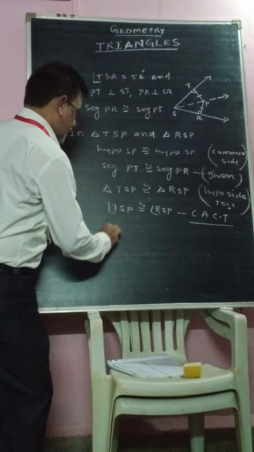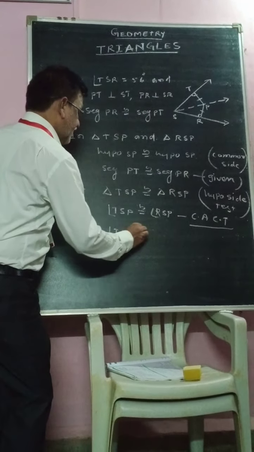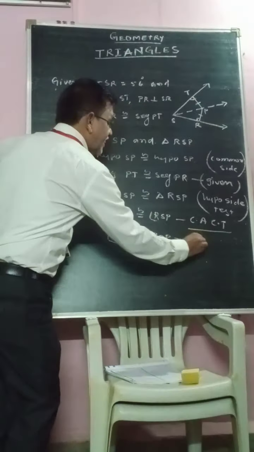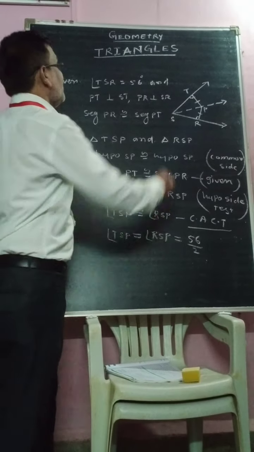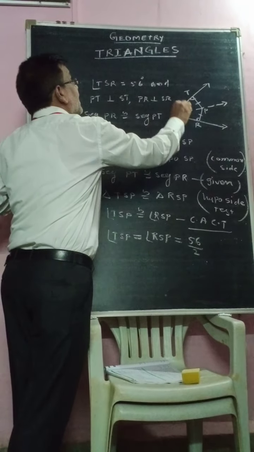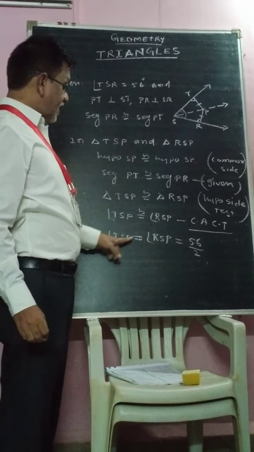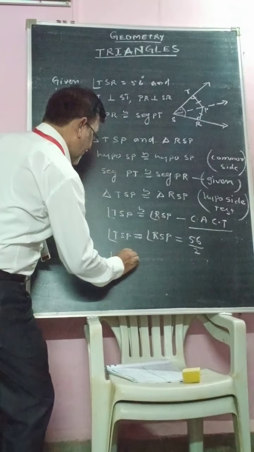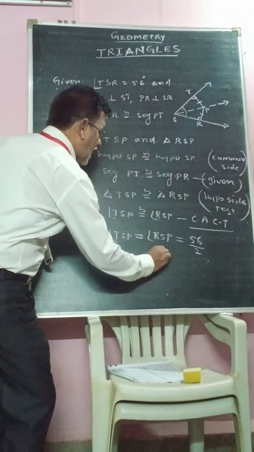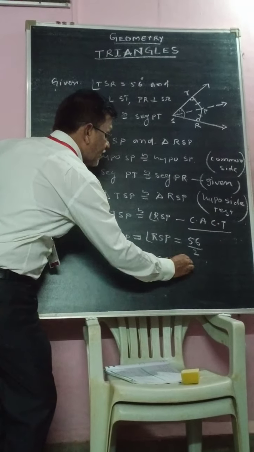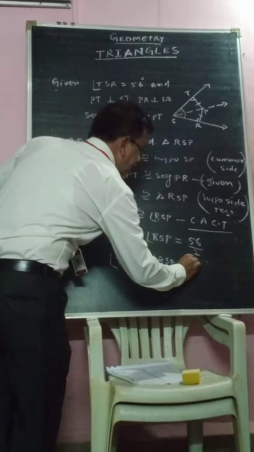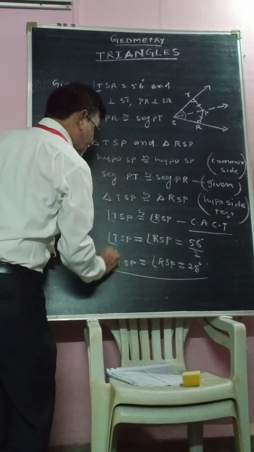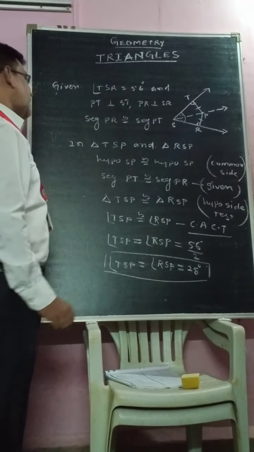It means TSP equals RSP equals 56 divided by 2, because the total angle is 56 and these two are equal. So it is 28 degrees. In this way you can find the value of RSP and TSP.